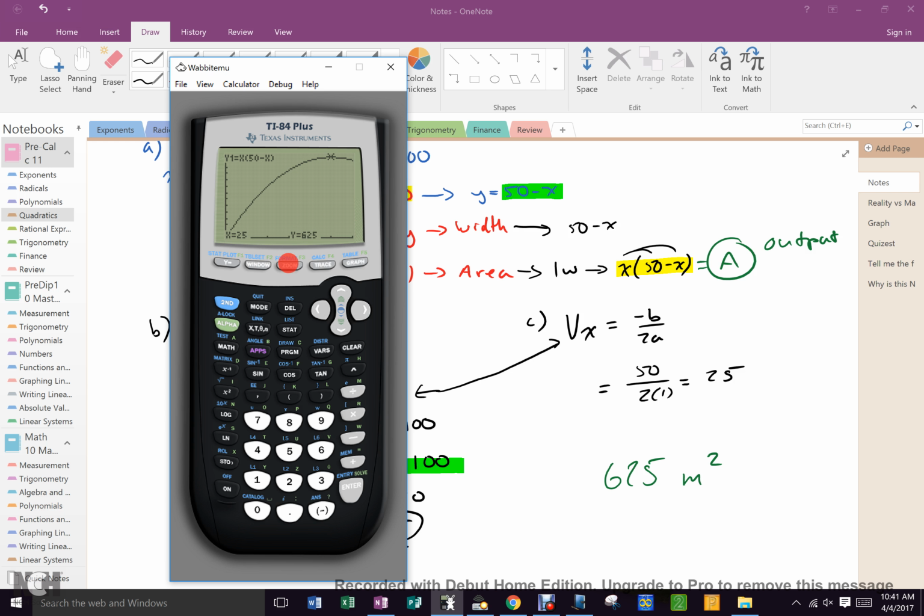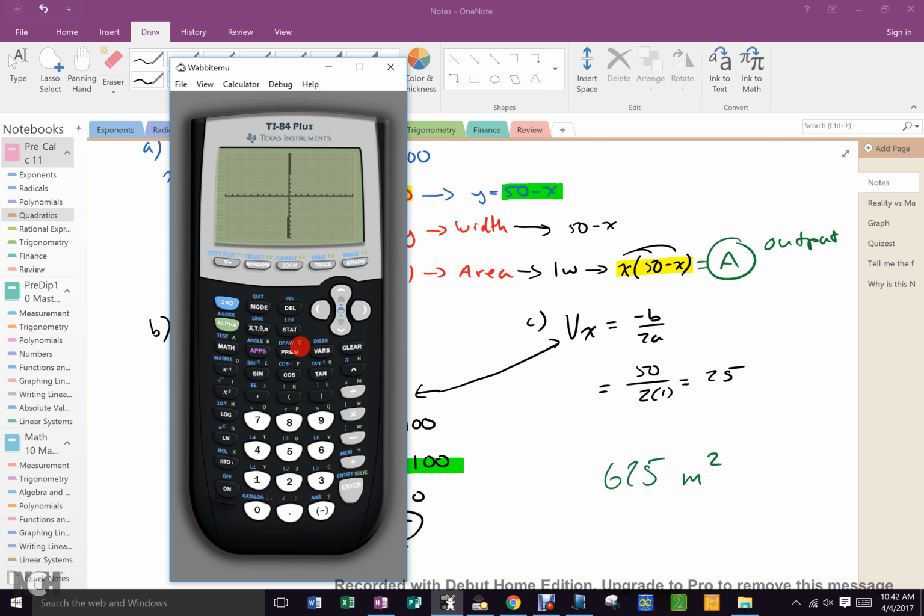I'm going to change the window. Okay? See how my window is totally screwed up now? You can just see the beginning of the parabola, yes? Because this is a 10 by 10 window. You can still do it because you know it's 25.